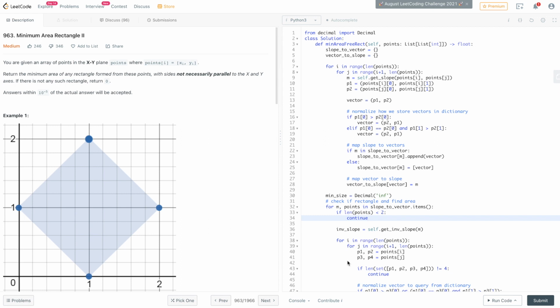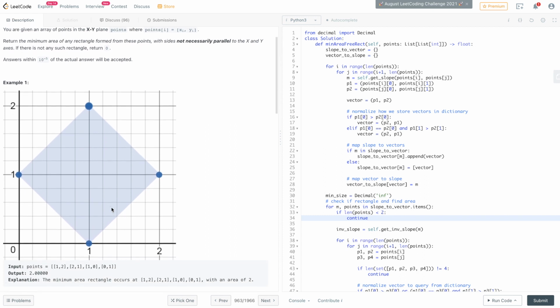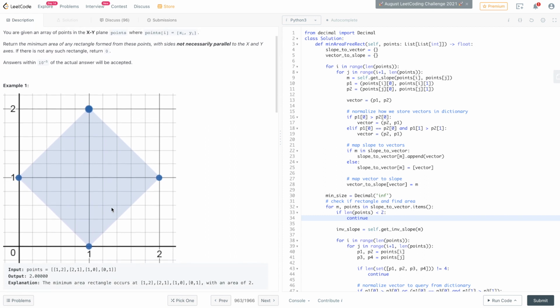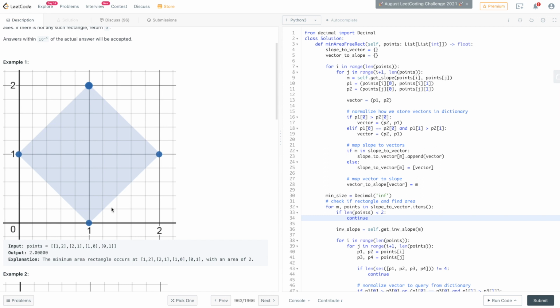Not all points necessarily have to form a rectangle that is parallel to the xy plane. So let's take a look at the examples and figure out what edge cases we need to resolve for. Example 1 does not form a rectangle that is parallel to the xy plane.